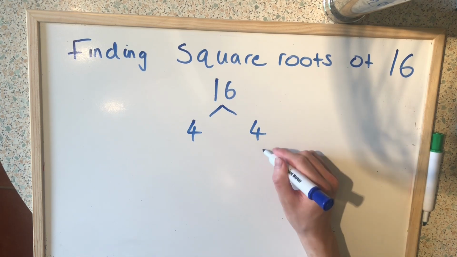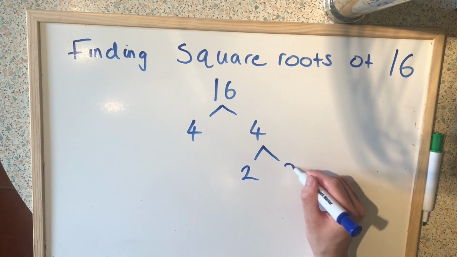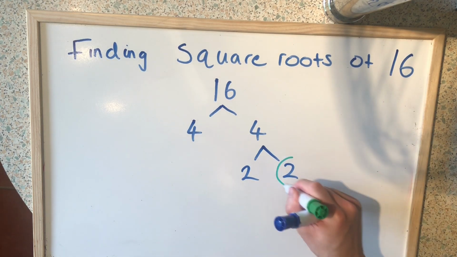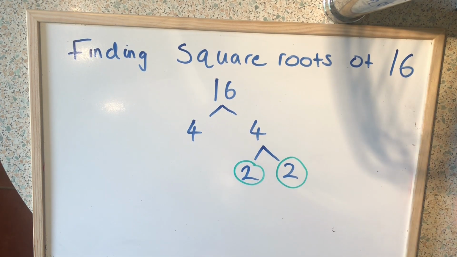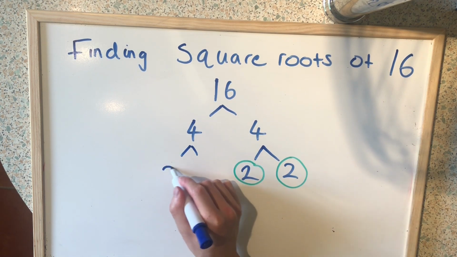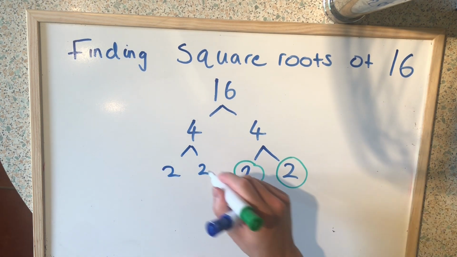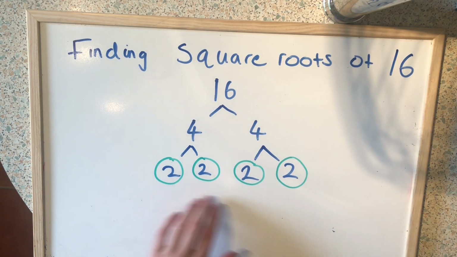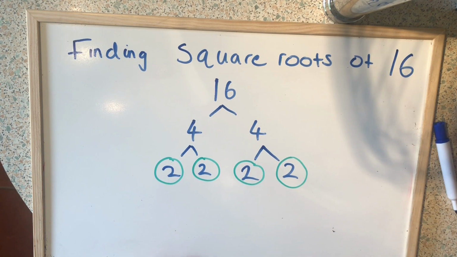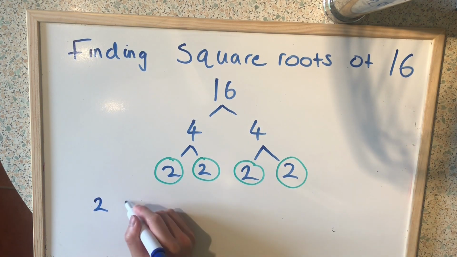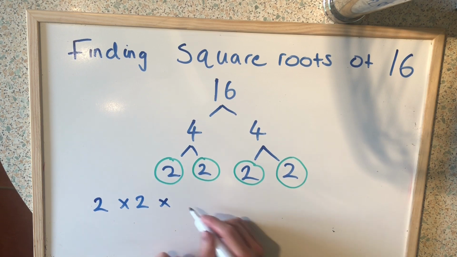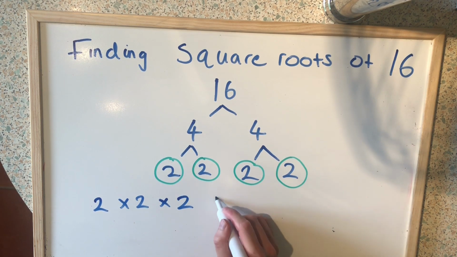So 4, we can have 2 times 2, and they are prime. This one is also the same, 2 times 2 is prime. So you can write this as 2 times 2 times 2 times 2 again.